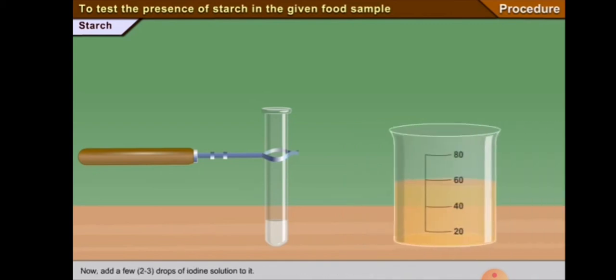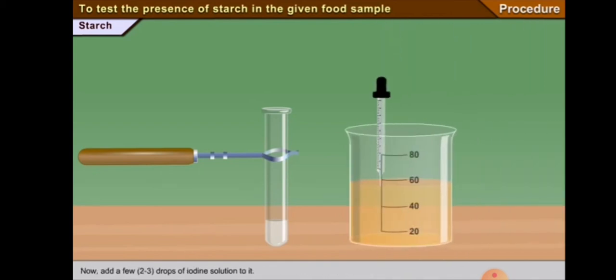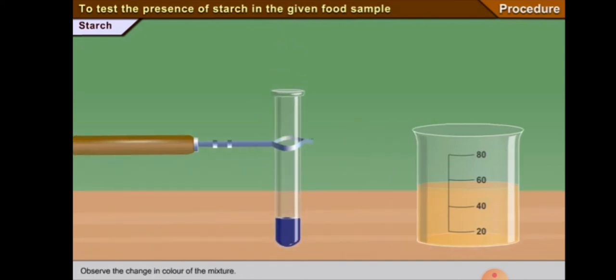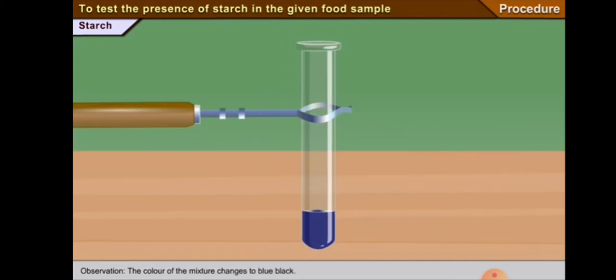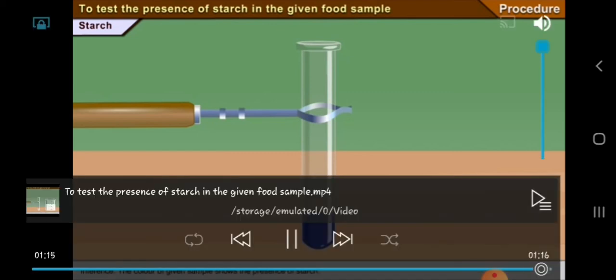Now, add a few drops of iodine solution to it. Observe the change in color of the mixture. Observation: the color of the mixture changes to blue-black. Inference: the color of the given sample shows the presence of starch.